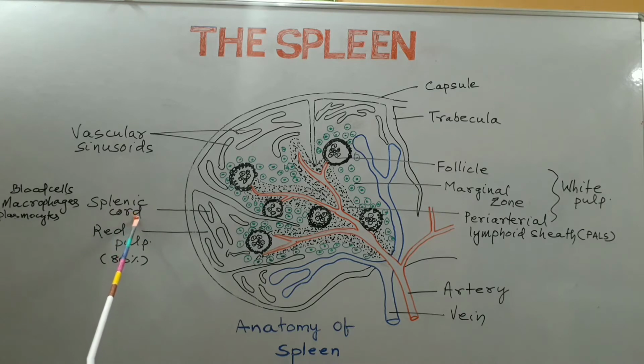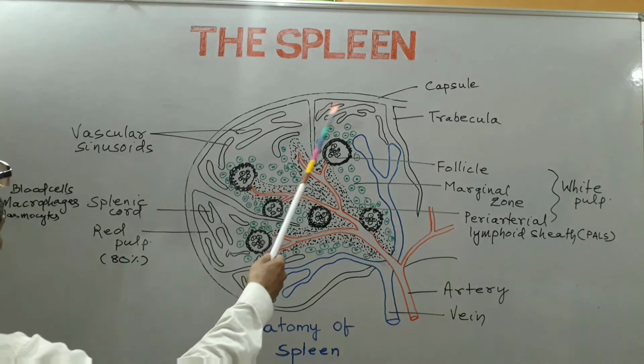The splenic cords are cellular aggregations that are supported by reticular connective tissue, and the splenic cords contain different types of cells like blood cells, macrophages and plasma cells. The other component is the vascular sinusoids. The vascular sinusoids are blood-filled spaces, and the splenic cords appear as stripes. The blood flows slowly through the vascular sinusoids.